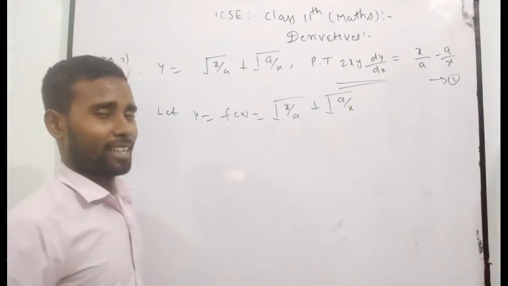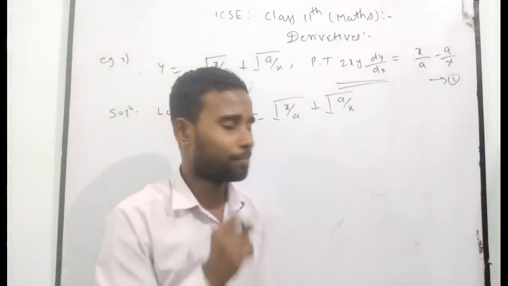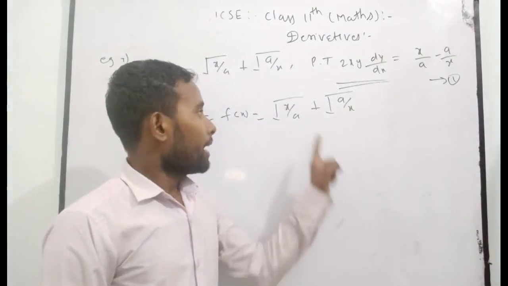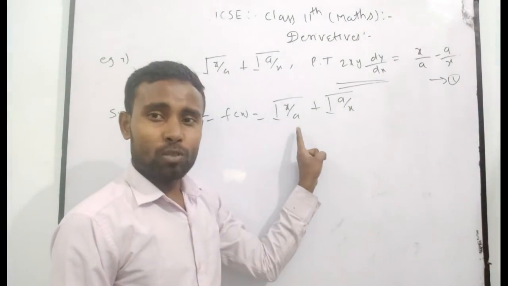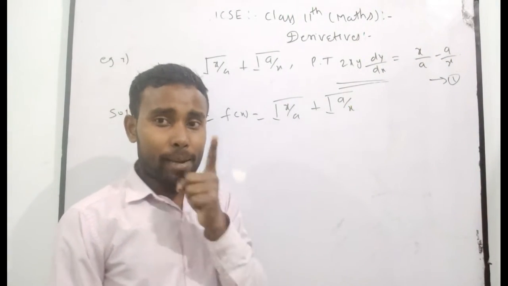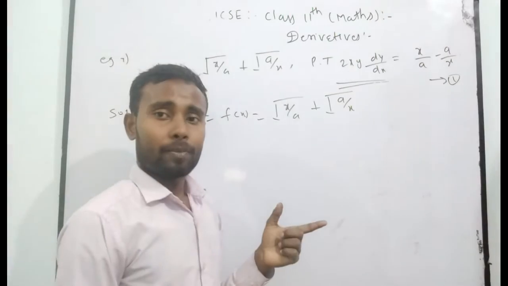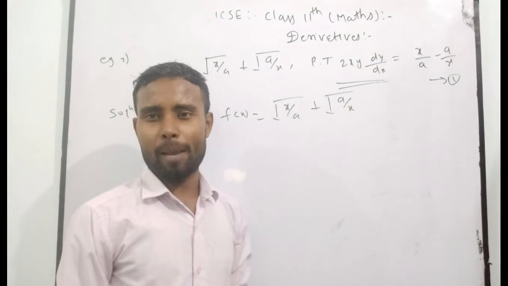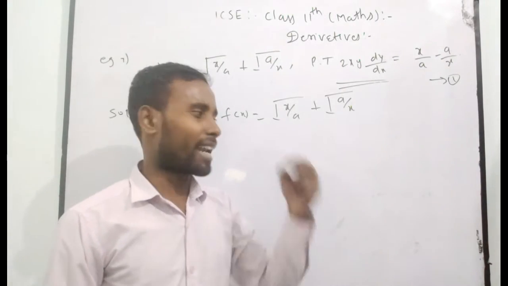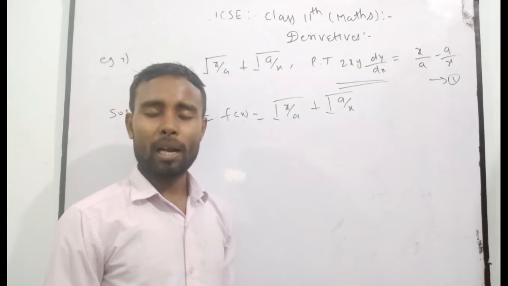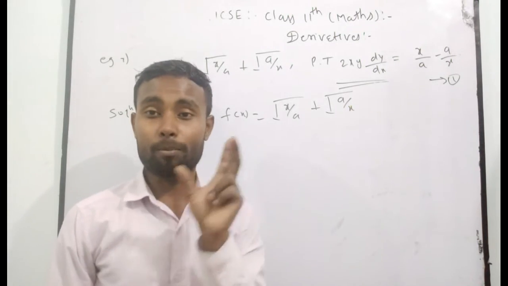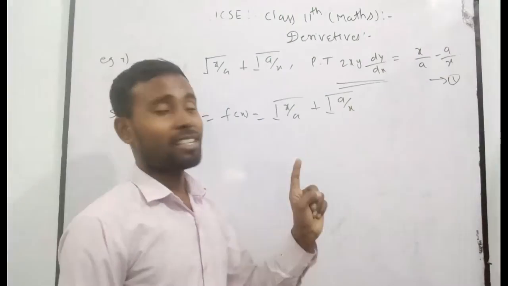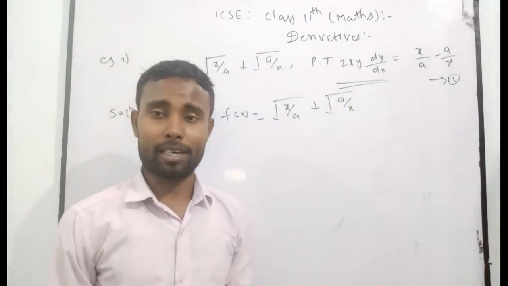Before finding dy dx, I want to tell you that if you see in fx, other than x, there is also the term a. I have already told you, if other than x, any term is available as root or square and cube or 1/4 power, it always becomes constant unless it is mentioned to be the independent variable.